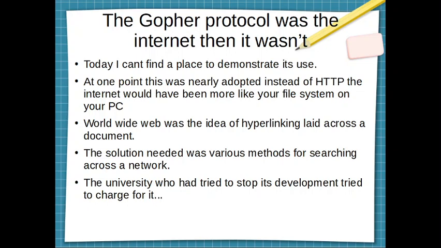So the World Wide Web, as you go onto your browser and connect to a website, this would have been what you'd have instead. And you'd have had a file system the same way you have on your Windows, but those files would just happen to be sitting on somebody else's PC.